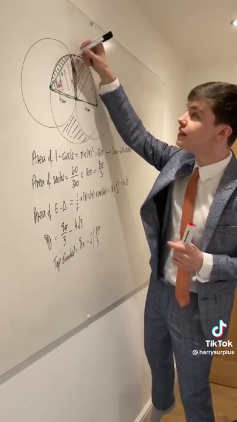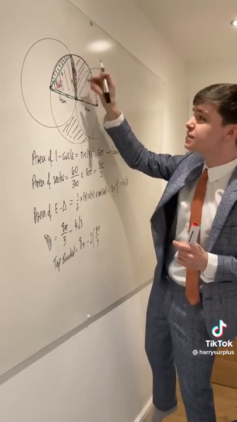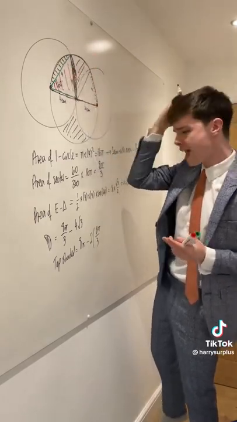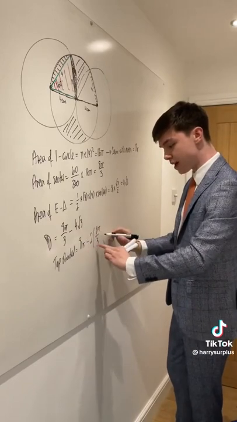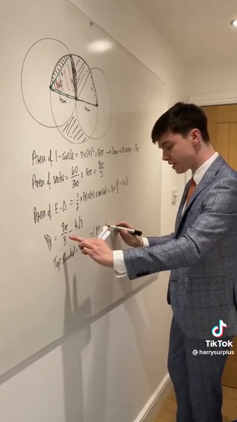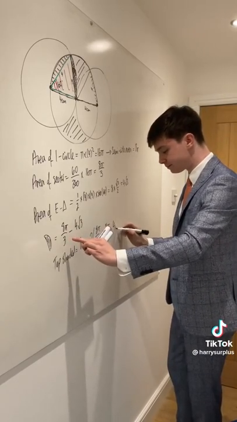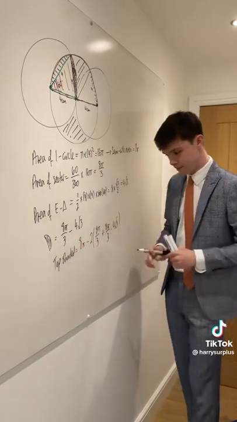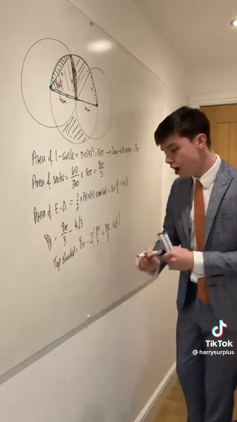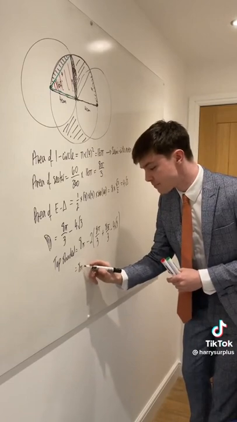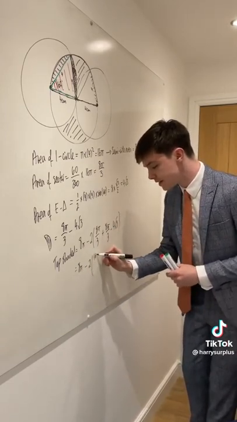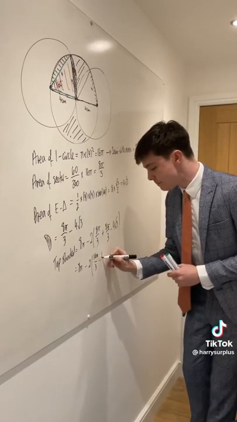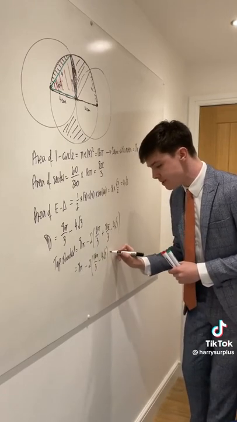We know what that bit is because we've worked it out. It's the same as this bit, just looking at the sector from a different way. So take away 2 lots of this, plus this bit here. This is horrid. So what have we got now? We've got 8 pi minus 2 lots of this. Add those, 16 pi over 3 minus 4 root 3.